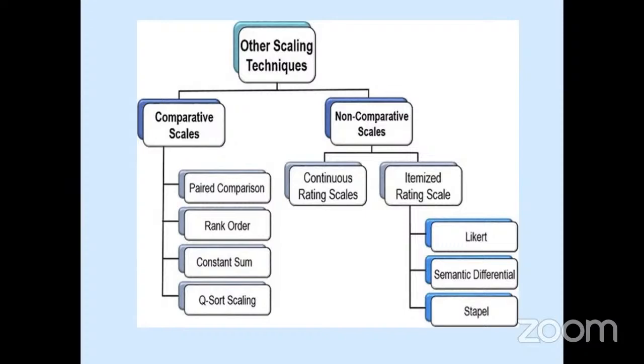In paired comparison, a paired comparison symbolizes two variables from which the respondent needs to select one. This technique is mainly used at the time of product testing to facilitate the consumer within comparative analysis of two major products in the market.